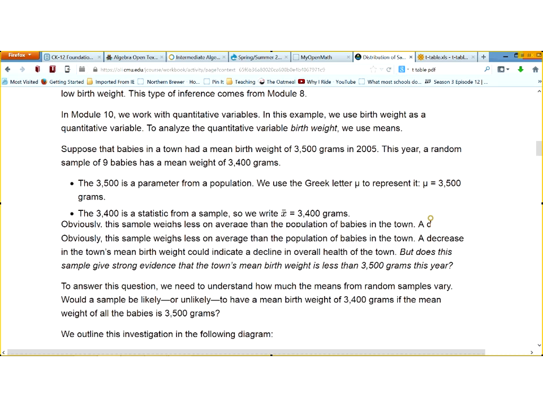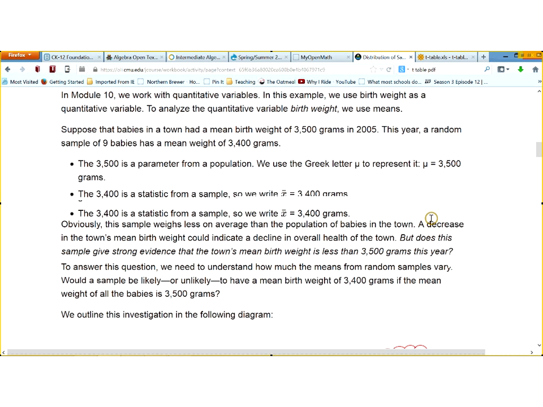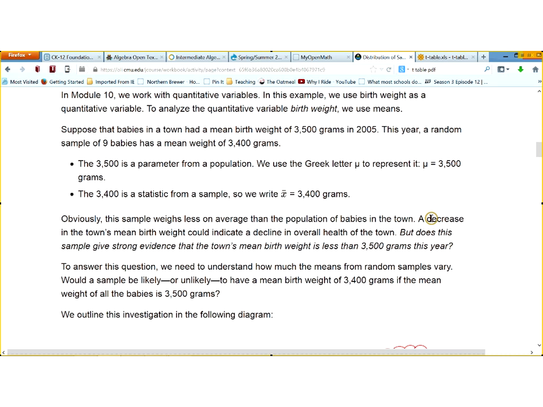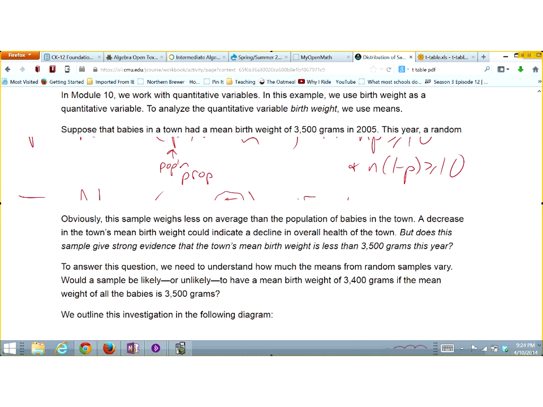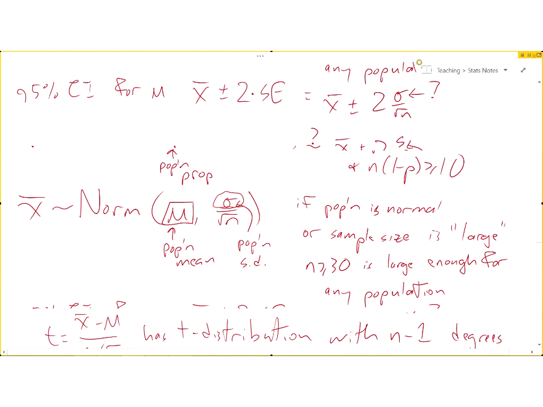So this parameter is the 3,500, because that's for the population. We got 3,400. We're curious, is it unlikely to have a mean birth weight as low as 3,400 grams? Well, there's a random sample of just 9 babies.